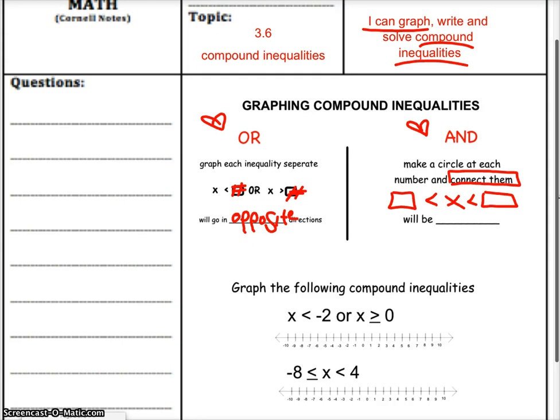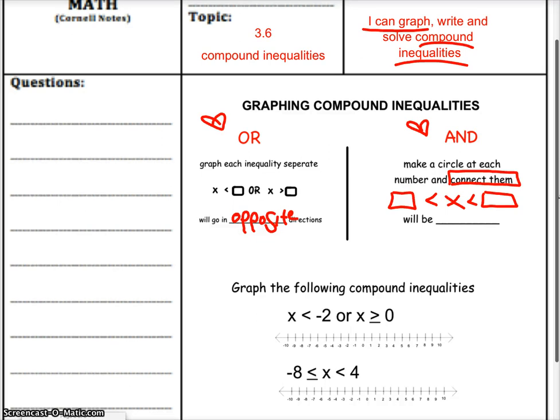So I want you to box off, connect them. The or, you just graph them each separately, and you make a circle at each number. An and statement has x stuck in the middle.